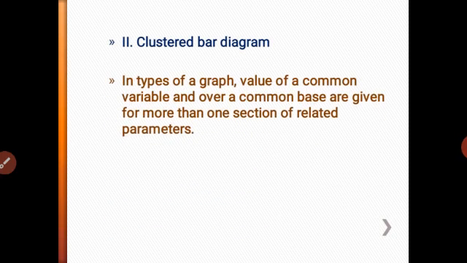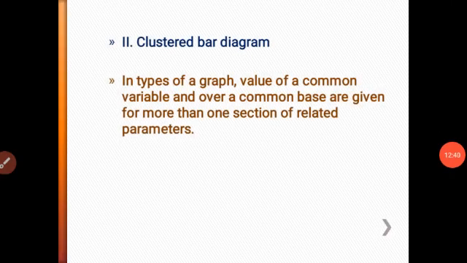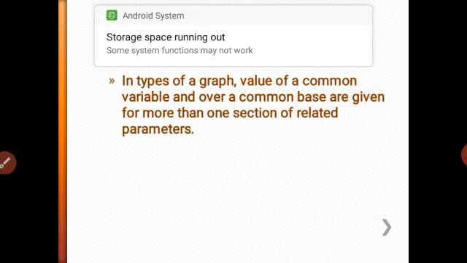Now the next topic is the cluster bar diagram. In these types of graph, the value of a common variable over a common base is given for more than one section of related parameters.